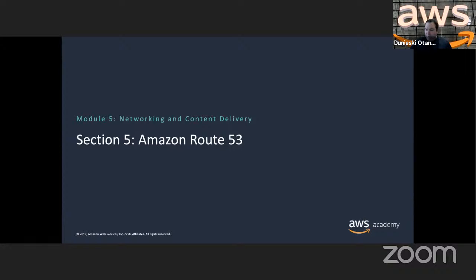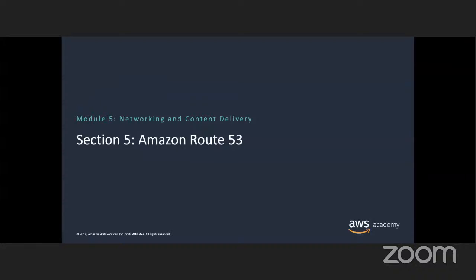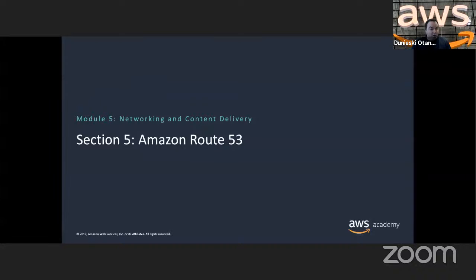So let's talk about Route 53. You have to know that Route 53 is the DNS service of AWS, right? When you hear DNS service in AWS, that's Route 53. Why is it called Route 53? Because the number 53 is the port that DNS uses.